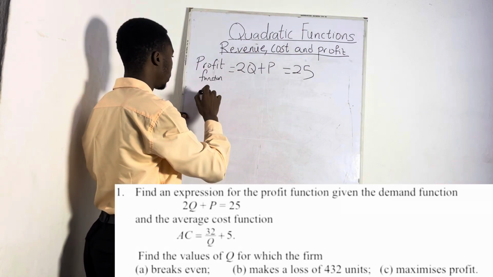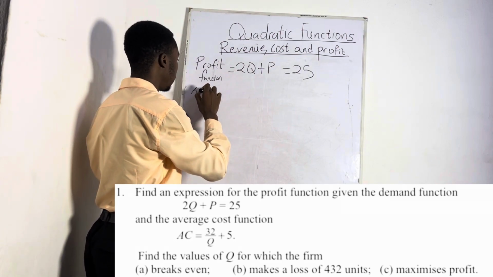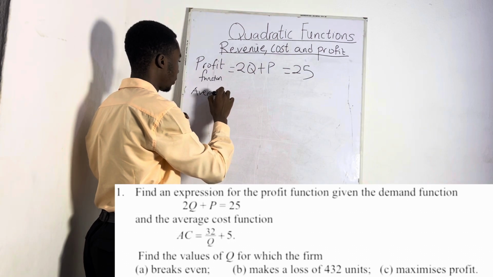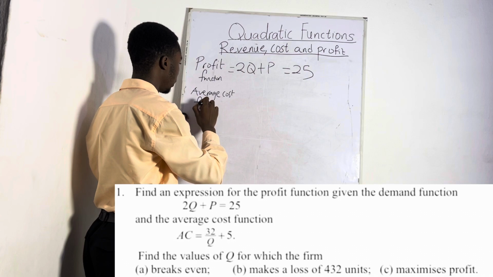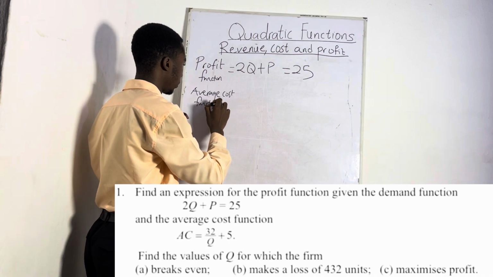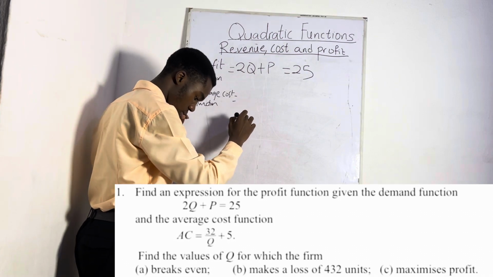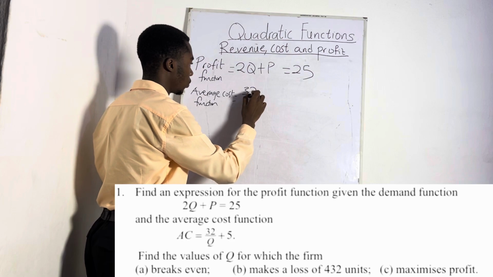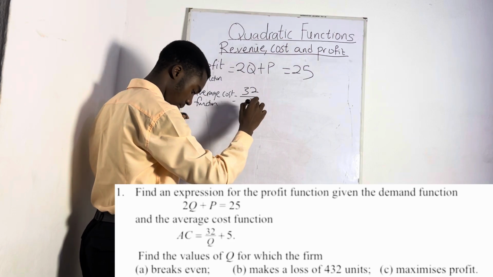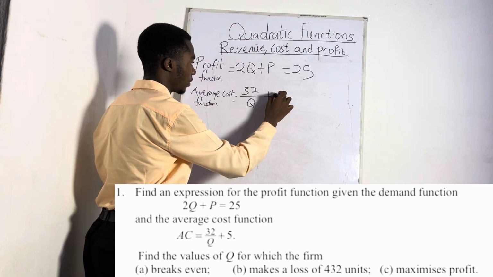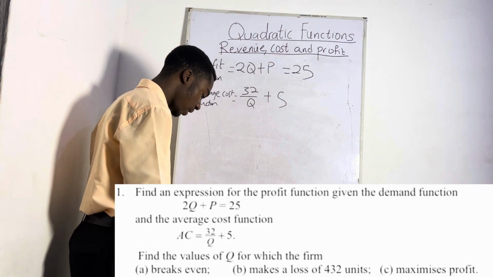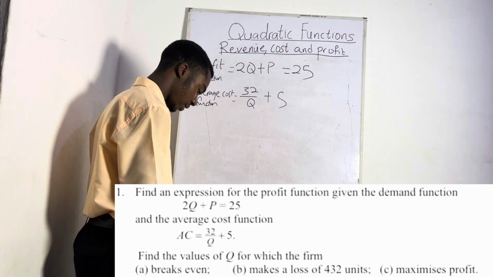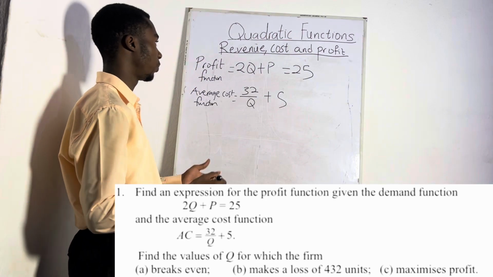Then the average cost function AC is equal to 32 over K plus 5. So this is what the question has given us. And the first thing they said is we should find an expression for the profit function.